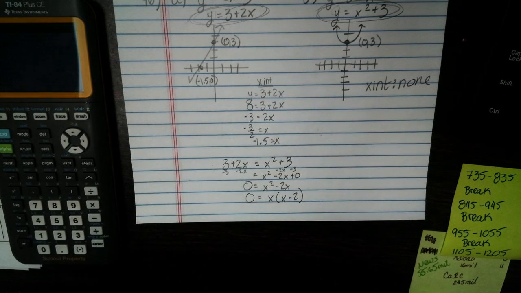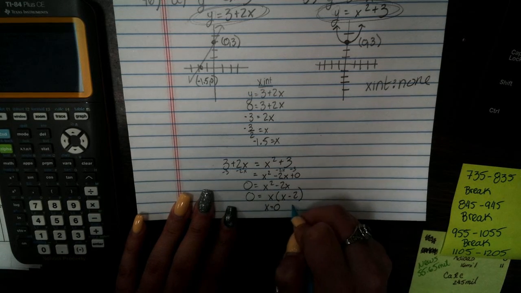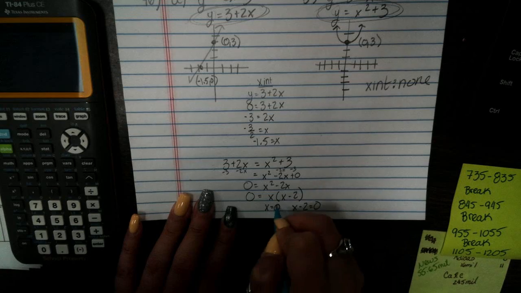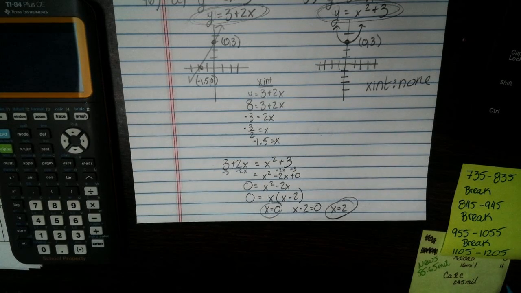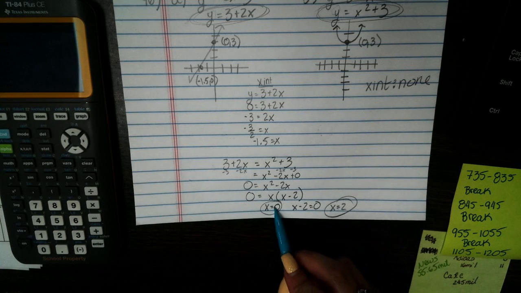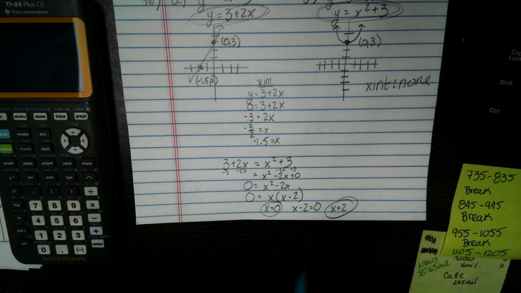Now I can factor it. I can take an x out of both of them. So I have x equals 0, and then solve. So then I know they intersect when x is 0 and when x is 2. This is just taking the GCF and then figuring out what those x values are.